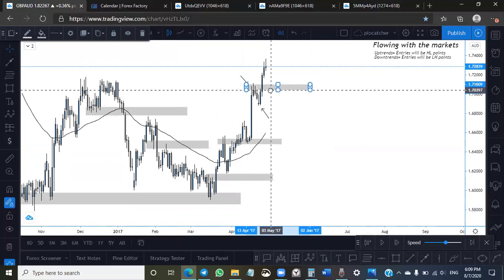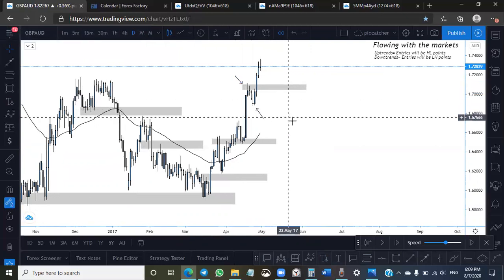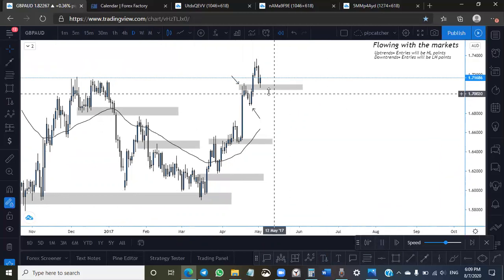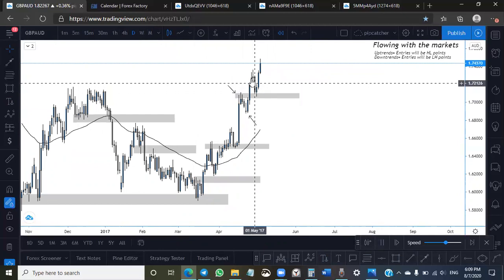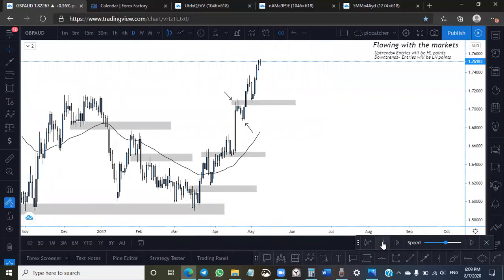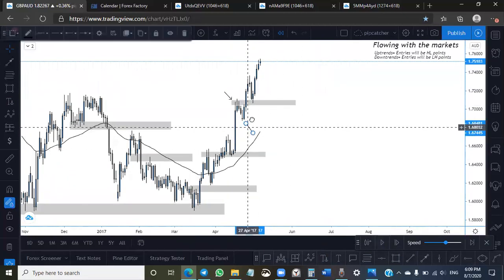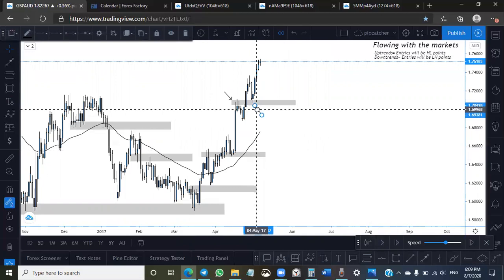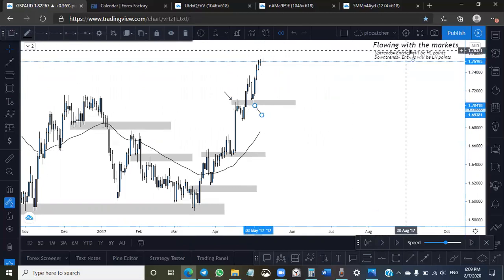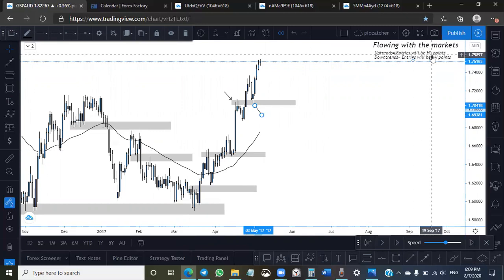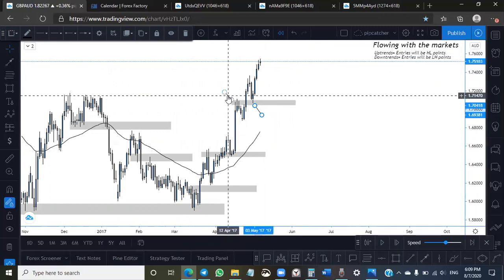Right here could be our potential area to look for our next potential buy opportunity. So let's play this out. See how the market dipped back into this area, giving us that new higher low. Remember, your entries in uptrend will be your higher low points.